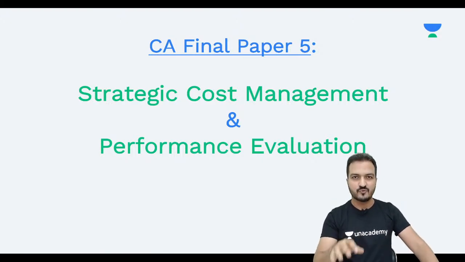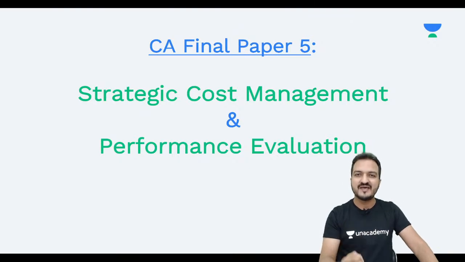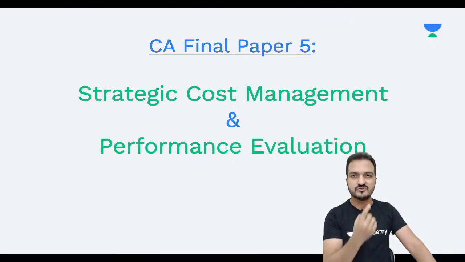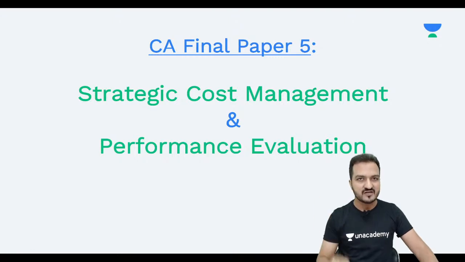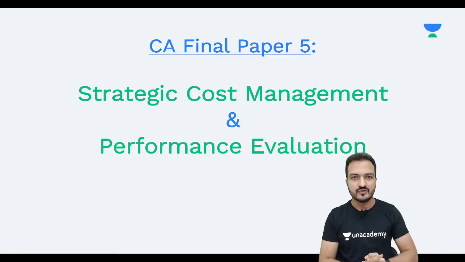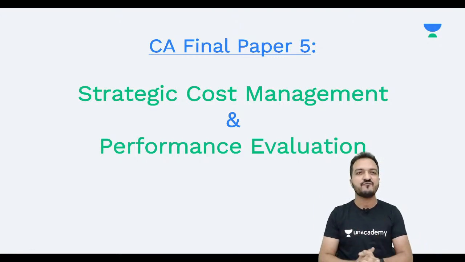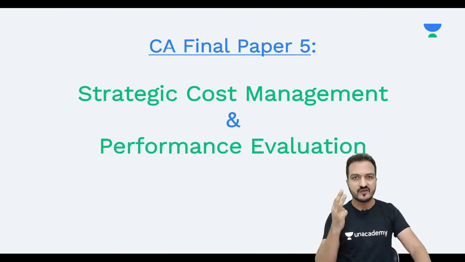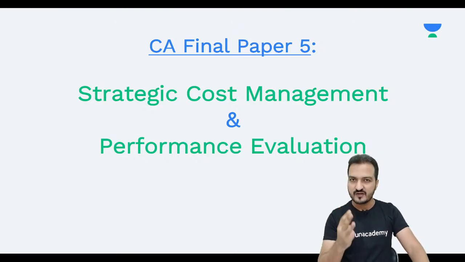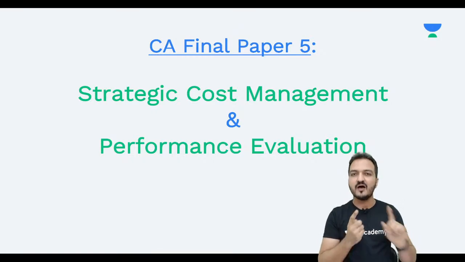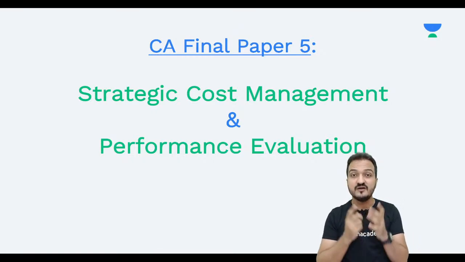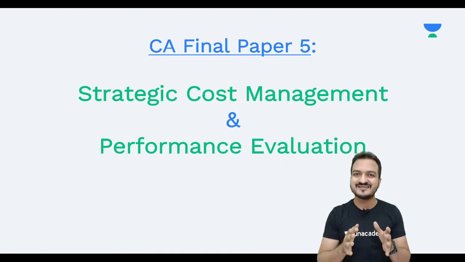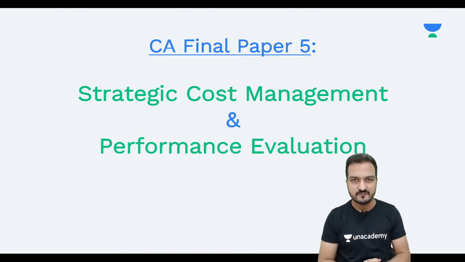This session right now is about basic introduction to strategic cost management and performance evaluation. This is your CA final subject paper number 5. My session is to basically cover three things. Number one, how is this subject different from the costing subject at intermediate level.